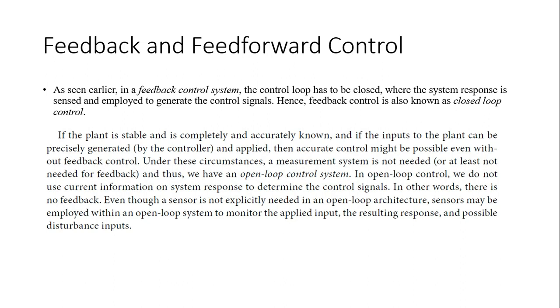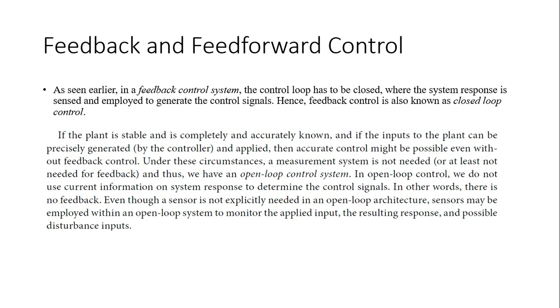Under these circumstances, a measurement system is not needed, or at least not needed for feedback, and thus we have an open loop control system. In open loop control system, we do not use current information on system response to determine the control signals.